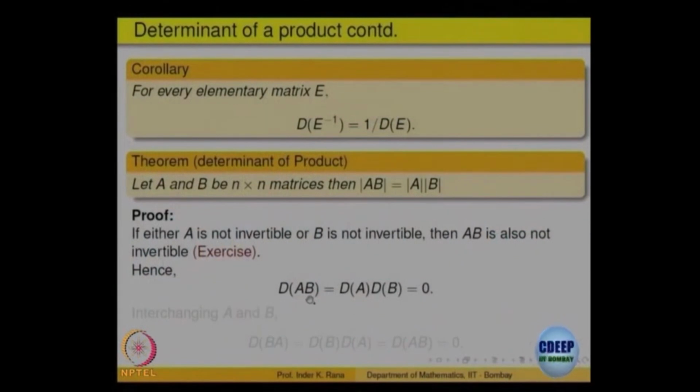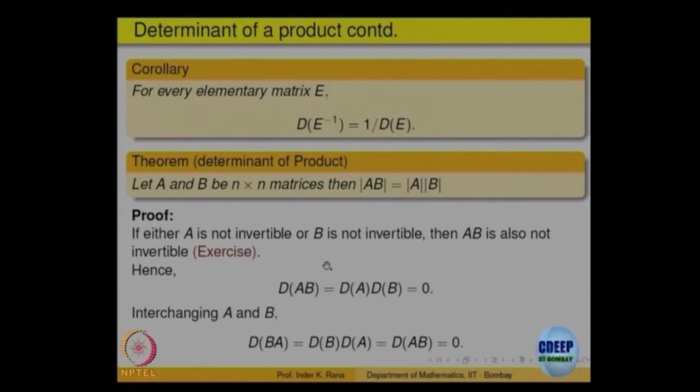So, if AB is not invertible, its determinant is equal to 0, and at least either A or B is not invertible. So, one of the terms on the right hand side is 0. So, that is also equal to 0. So, that shows that the determinant of AB is equal to the determinant of A into the determinant of B when at least one of them is not invertible. So, what is the second case?